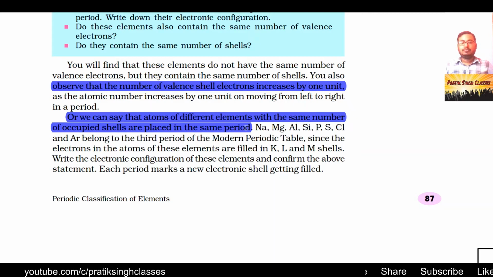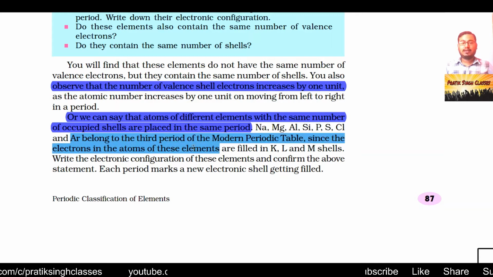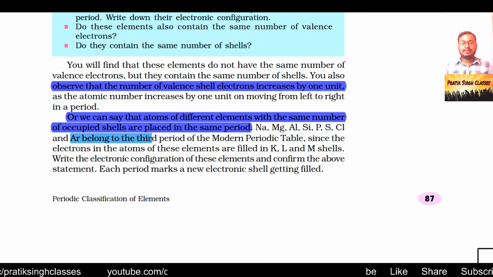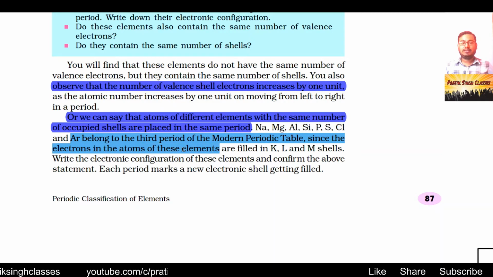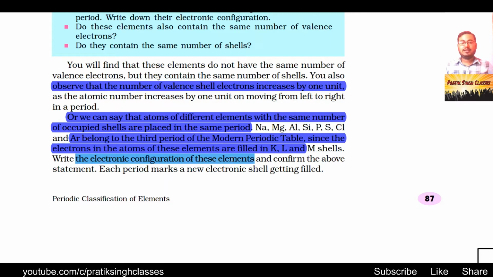For example, sodium, magnesium, aluminum, silicon, phosphorus, sulfur, chlorine, and argon belong to the third period of the modern periodic table since the electrons in the atoms of these elements are filled in K, L, and M shells. Write the electronic configuration of these elements and confirm the above statement.